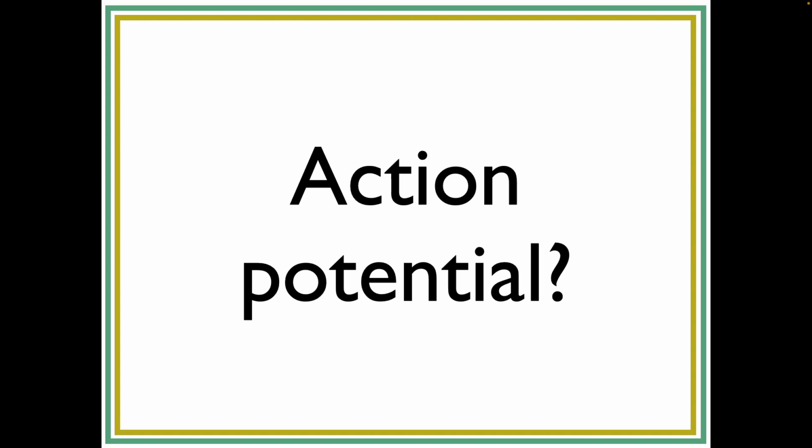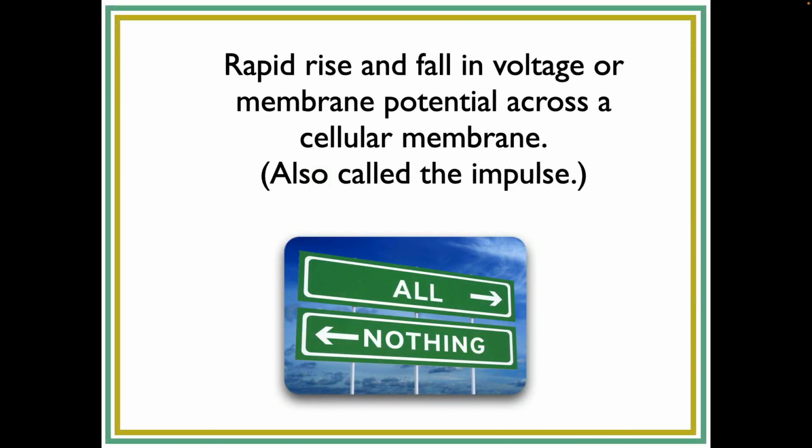So if that's resting potential, anybody remember what action potential is? It's obviously the opposite of resting potential, but is that the threshold that it needs to reach to be able to send an electrical pulse down? Yeah, pretty much. So it's the rapid rise and fall in voltage across a membrane, okay? It's when things change. Everything's hanging out at resting potential, and all of a sudden things change.